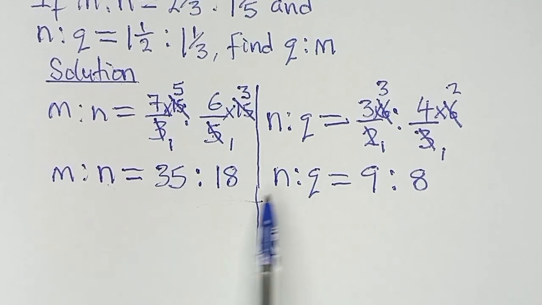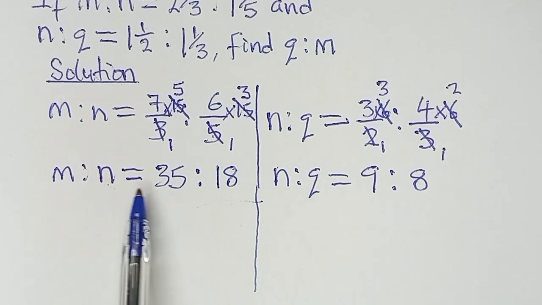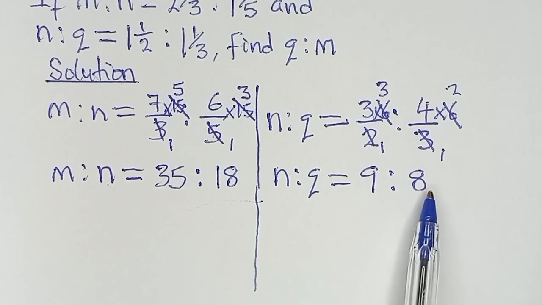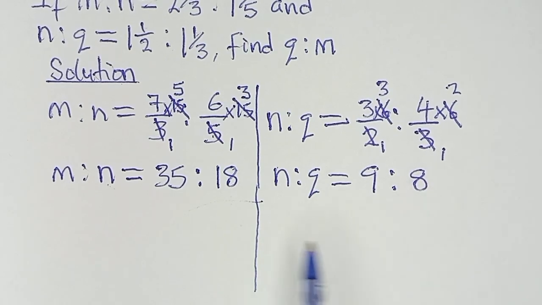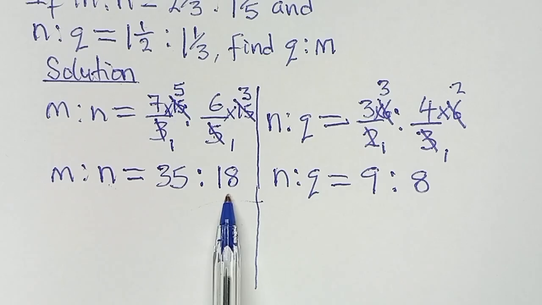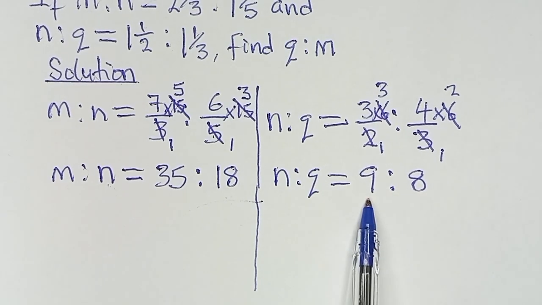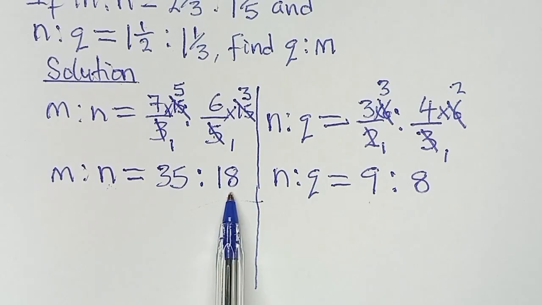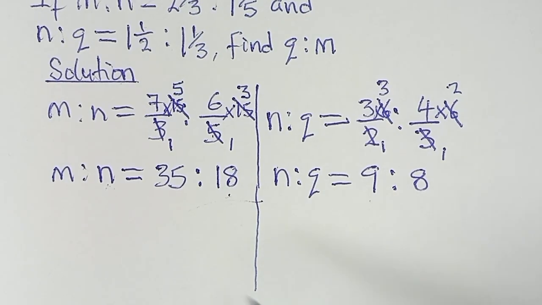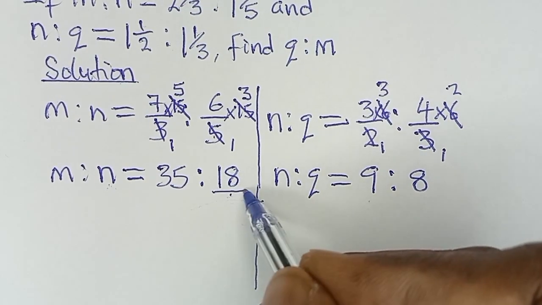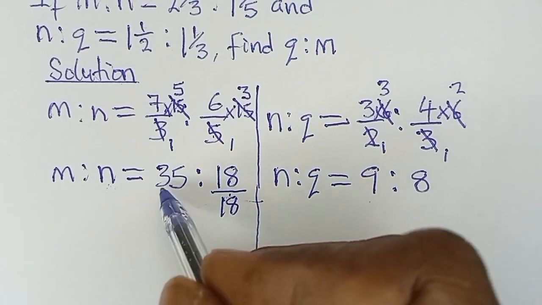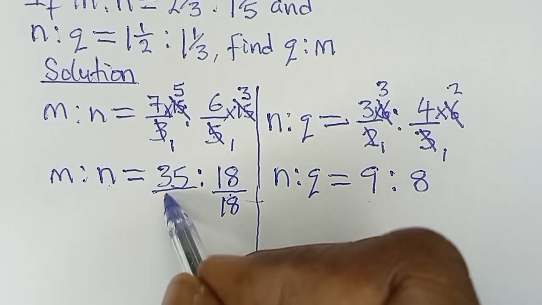So a simple way to do that is to make n here 1 and also make n here 1. Don't forget, this n corresponds to 18. So to make n 1, I simply divide both sides by 18.